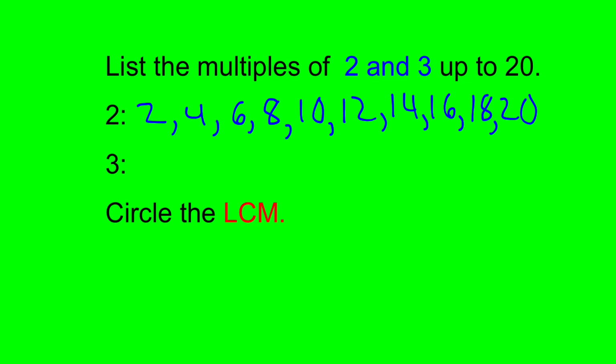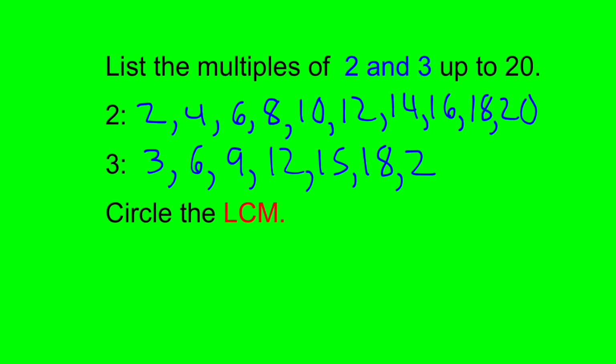Skip count by 3s, 3, 6, 9, 12, 15, 18, 21. And then the lowest one they have in common appears to be 6. So we would say that the lowest common multiple is equal to 6.